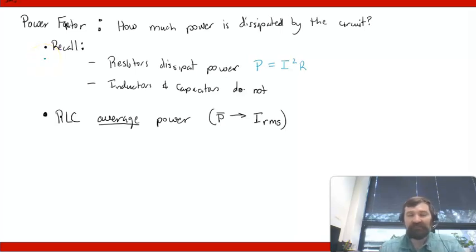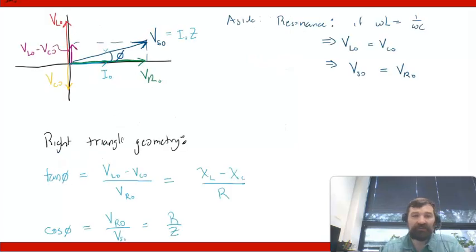And so, in some sense, we would say something like P average is I_RMS squared times R. But we want to do this in terms of the impedance of our circuit and this phase angle. And so, in terms of those things, the average power being dissipated, again, you can use I_RMS squared. That should actually be 1/2 I_0 squared, for what that's worth.